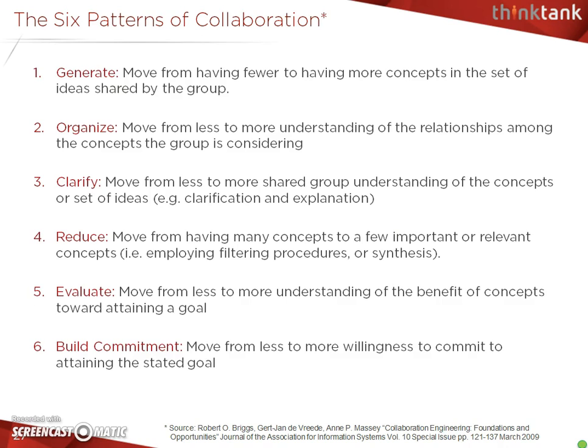The 6 patterns of collaboration. Now, how do we use this one? Well, basically what we do is look at the agenda and the building blocks in the agenda and make sure there's a logical sequence in how people move through the collaboration. A problem that might occur in certain situations is that we generate a number of ideas of what to do, and then move directly to evaluation, saying, all right, let's vote on which of these 5 ideas is the best one.